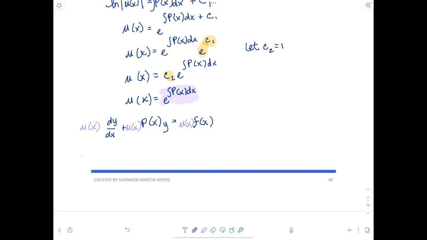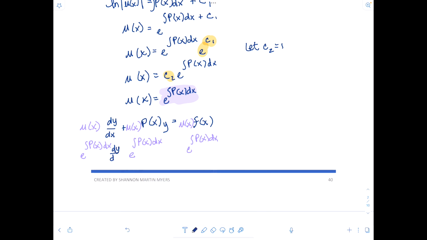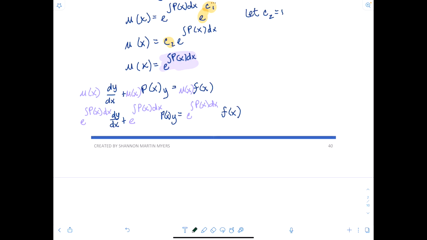Mu at x is e to the integral p at x dx. Okay, so now for a little bit of magic.